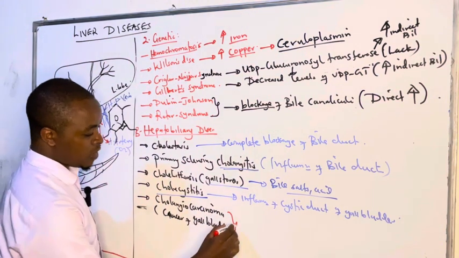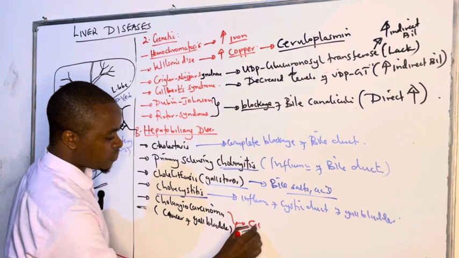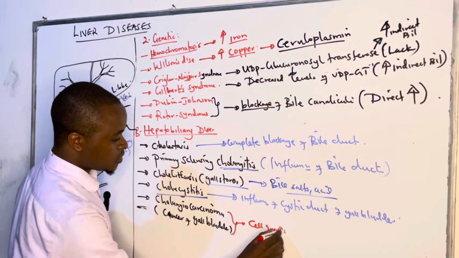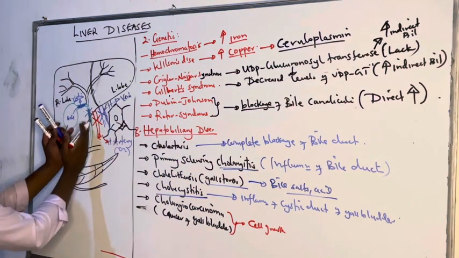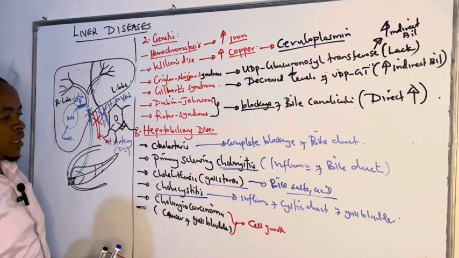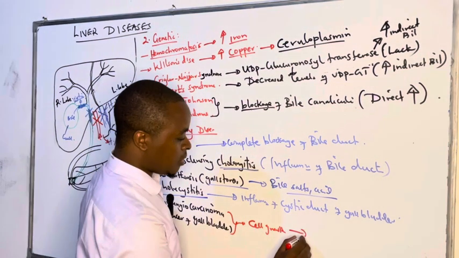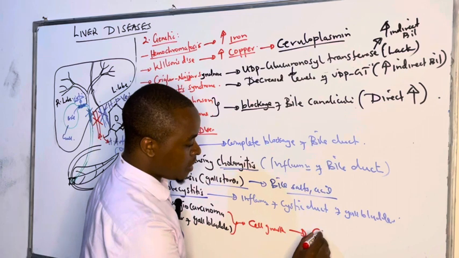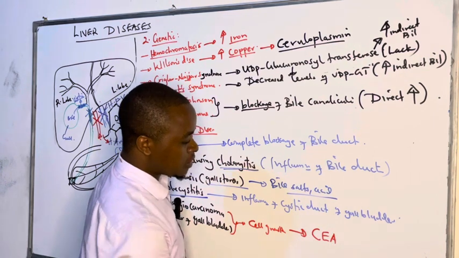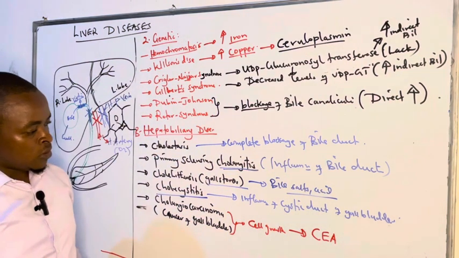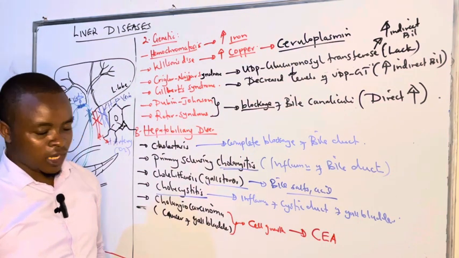This is cancer whereby there is uncontrollable cell growth, leading to an increase in the size of this biliary system. And these diseases are sometimes monitored by doing cancer markers like CEA, what we call carcinoembryonic antigen test.